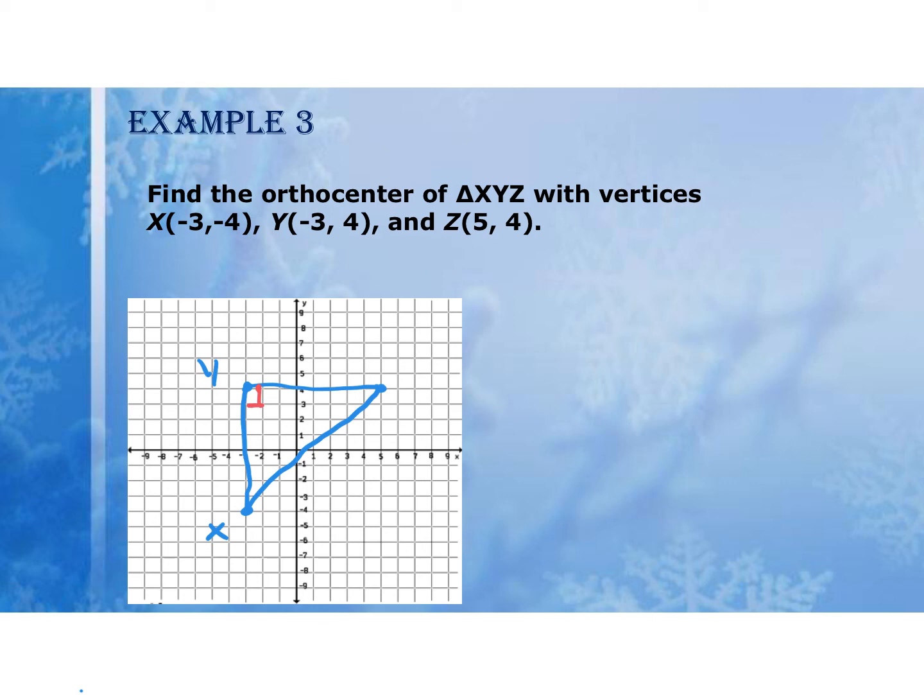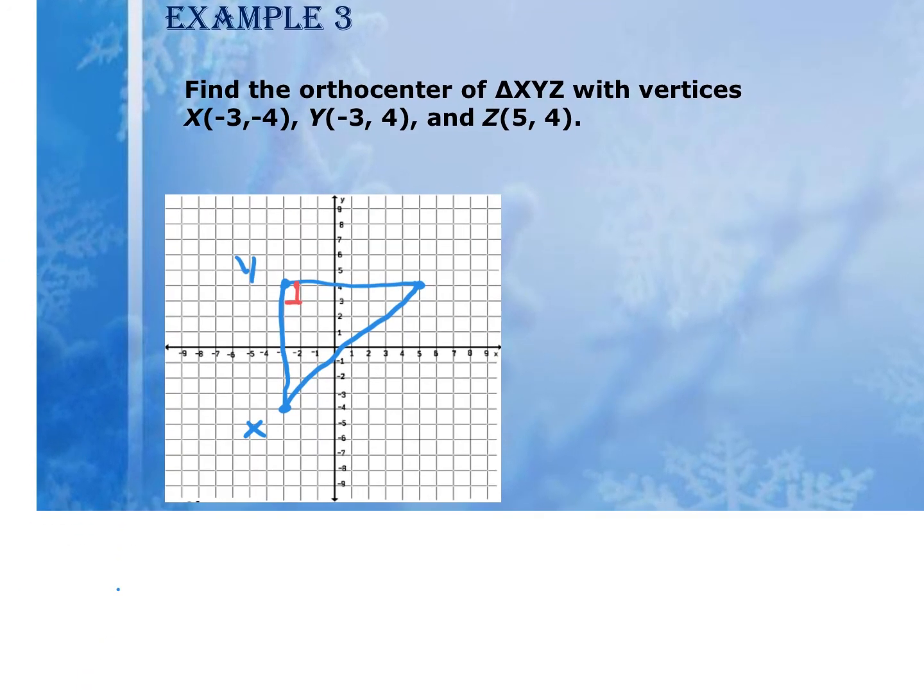Because I know that a horizontal and a vertical line, when they intersect, are going to form perpendicular lines. Now, what you're going to find when you have a right triangle is that the 2 legs of the right triangle are going to be 2 of the altitudes.